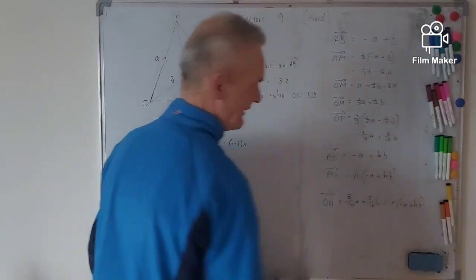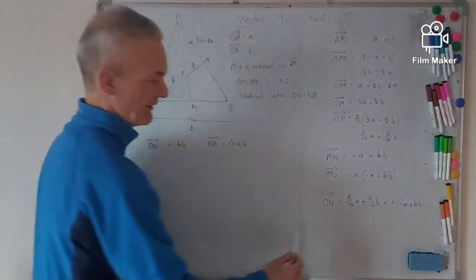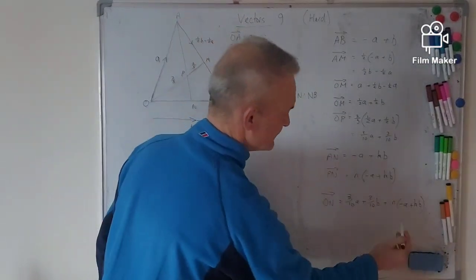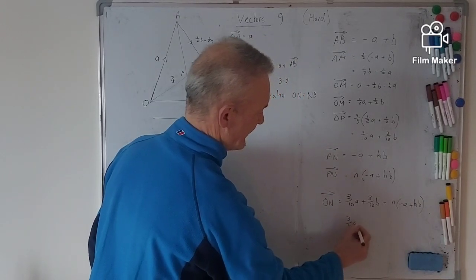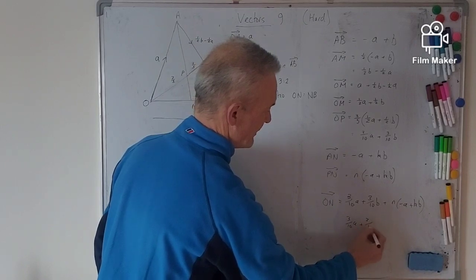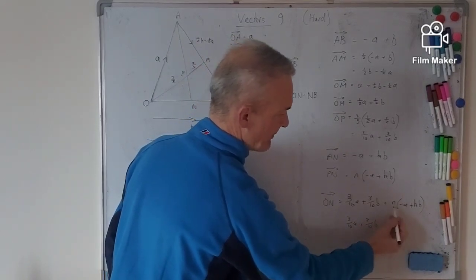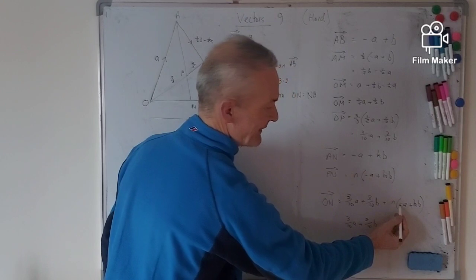Now this is a little bit messy. I'm going to tidy this up first. So I'm going to multiply that out. So I'm just going to write this again. So 3/10 A plus 3/10 B. Now I'm going to multiply that out. Notice we've got a minus in here.